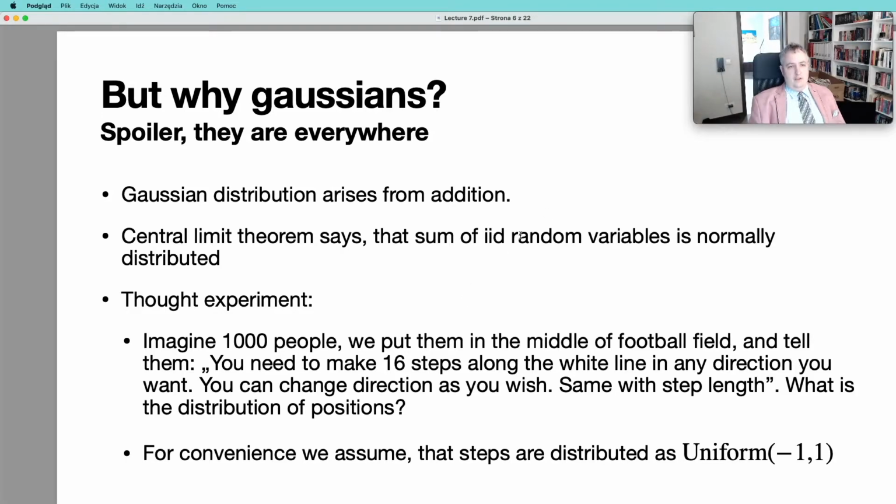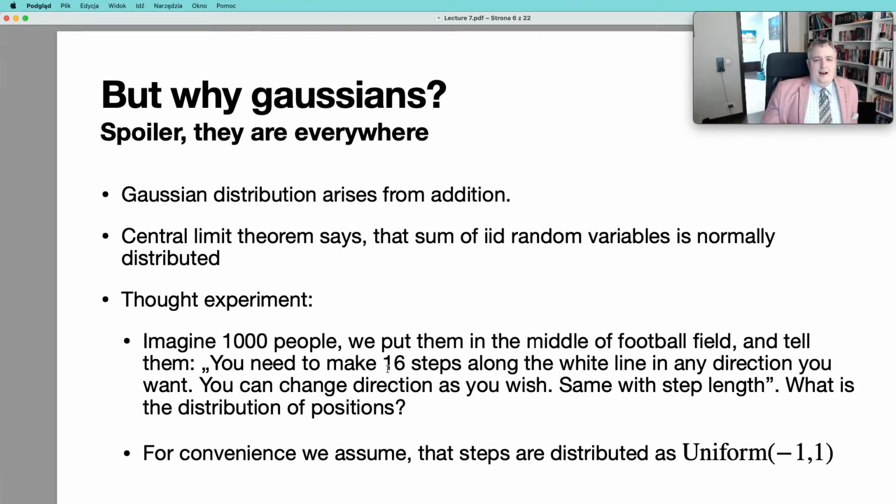This abbreviation, IID, is independent, identically distributed random variables. If we have a sum of those variables, it is normally distributed, which is very important, for example, in Monte Carlo computation, where we compute expectations, which gives us the central limit theorem as a tool for Monte Carlo error estimation. But that will be covered in a lecture that should happen before, so that's a tangent.